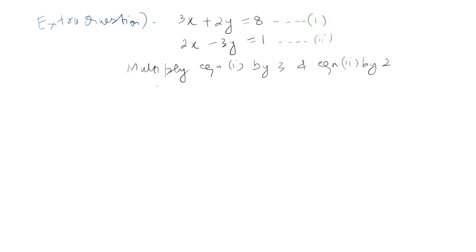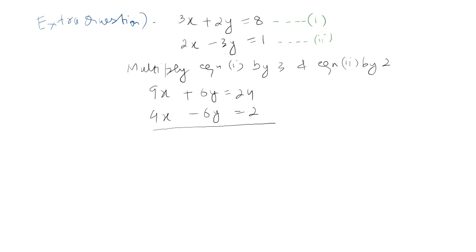9x plus 6y is equal to 24. All of this we are multiplying by 3: 3 3s are 9, 3 2s are 6, 3 8s are 24. Now here I'll multiply by 2. So 4x minus 6y and 2. Now you'll see the coefficients which I have made equal are already in opposite signs. One is plus, one is minus. So I need to add them.